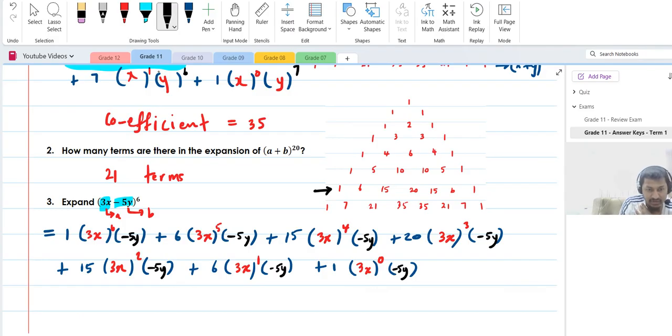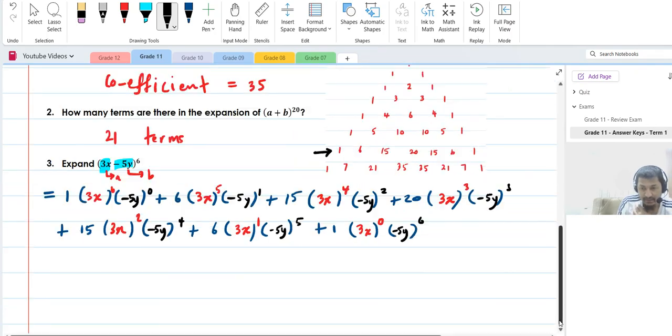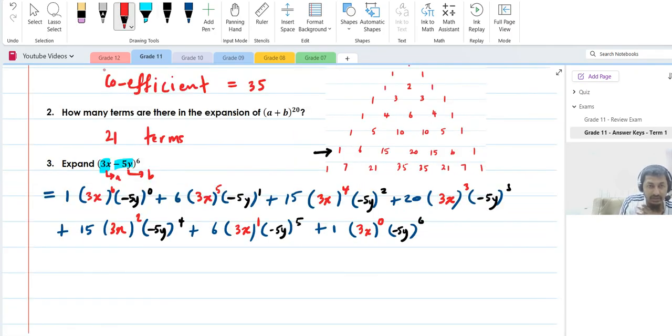And for the powers of b, which is minus 5y, we count from 0 upwards: 0, 1, 2, 3, 4, 5, 6. So what we see now is we need to expand this in terms of coefficients and variables.